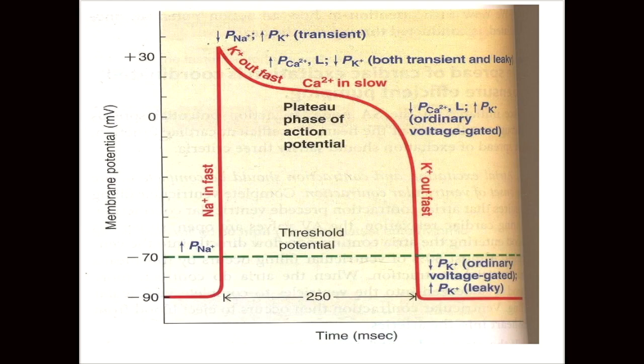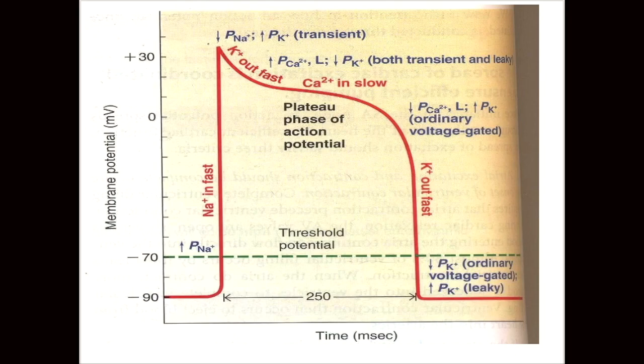And the voltage gated calcium ion channels, which are the L-type channels, are responsible for the plateau in the action potential. This point is very important. You see that the voltage gated calcium channels, which are of L type, are responsible for the plateau in the action potential.